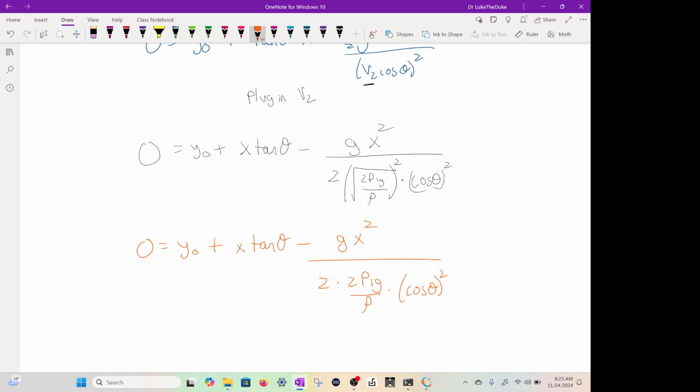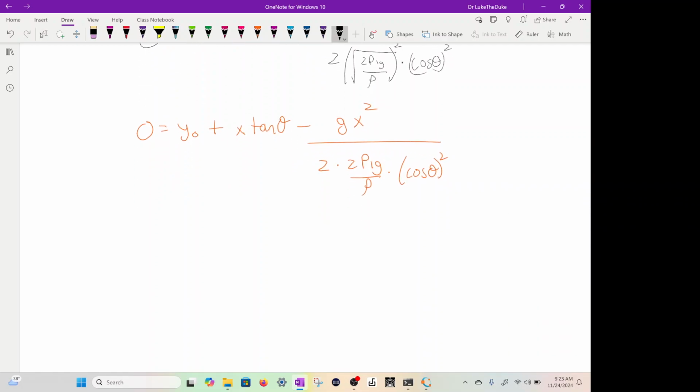All right, one more time. Let me do this in green to make it look a little bit easier to read. Minus x squared, and we got g rho over 4 p1 gauge cosine theta squared. I just rearranged that equation. Why? Because look, we have x squared and a constant.